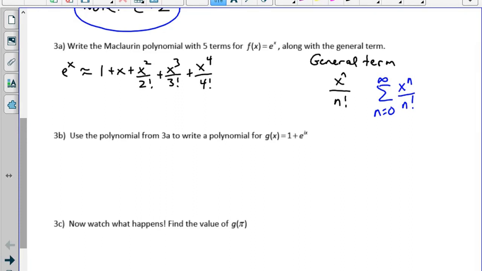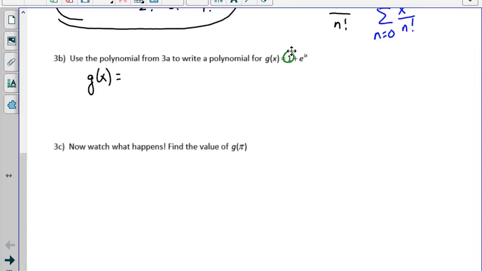Now let's use the polynomial from 3a to generate a polynomial for g of x equals 1 plus e to the ix. Because there's a 1 there, I'm going to put the 1 in front, and I'll make that green so that it's pretty obvious. But then after that, we have this e to the ix.